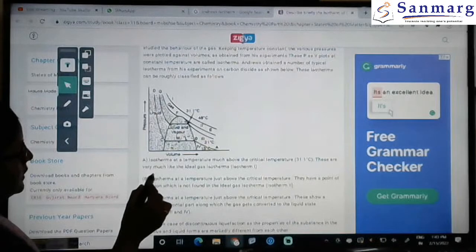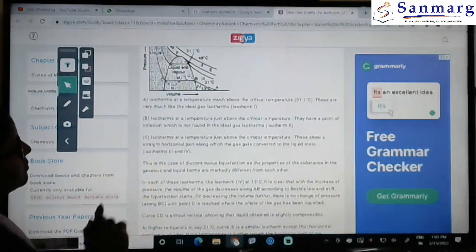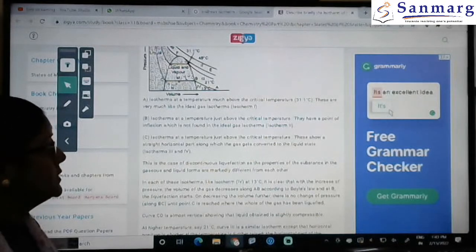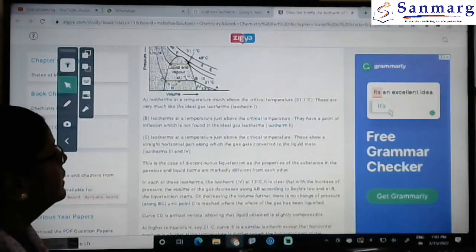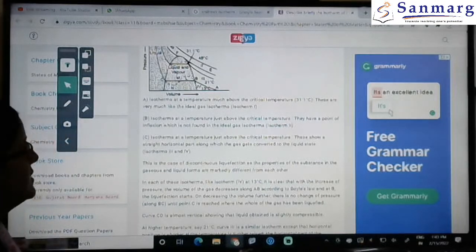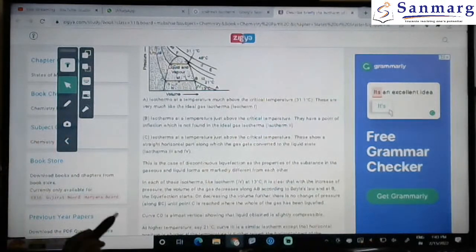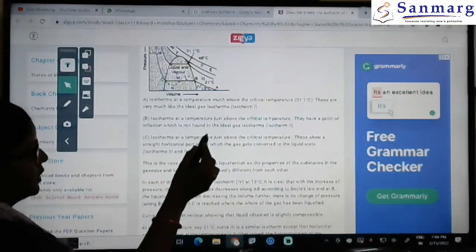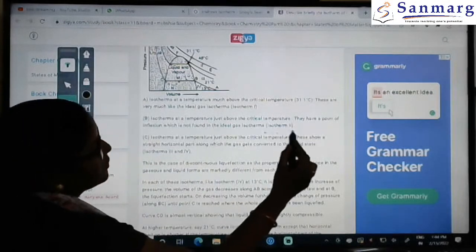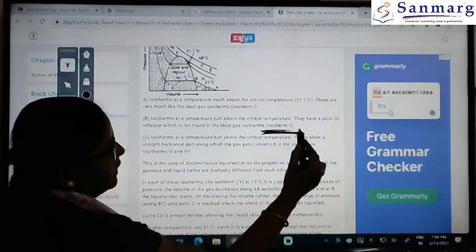Okay, then next one: isotherms at temperature just above critical temperature have a point of inflection which is not found in ideal gas isotherm. They are telling about the second isotherm.